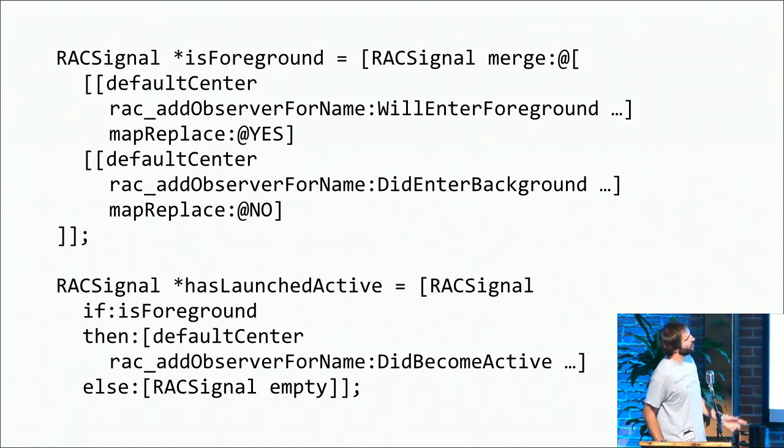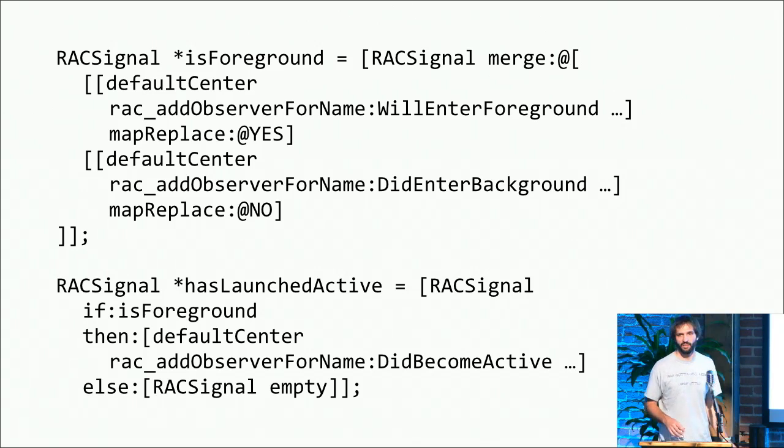So for the first signal, again, we're using merge here, and we have two add observer for name signal APIs. This is how you bridge from NSNotificationCenter notifications into a signal. Whenever that notification gets posted, these signals will send that notification object.